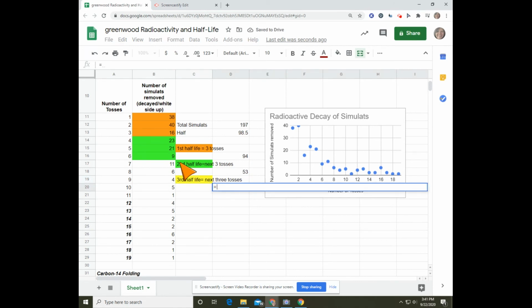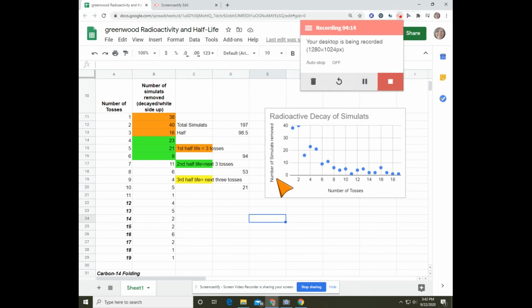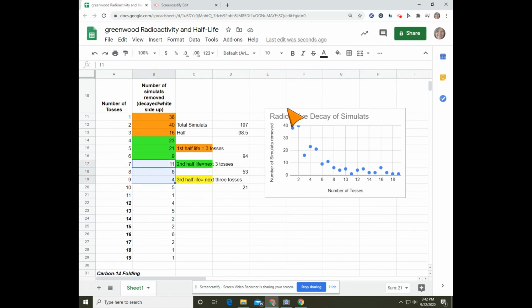That equals the sum of. All right, so we can see in the next 3 tosses, we have about half of what was left.